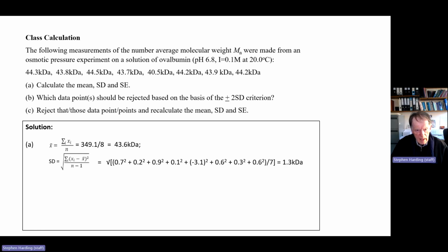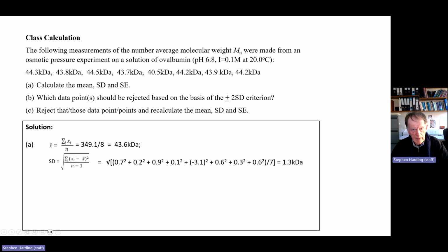Then we calculate the standard deviation. And for that, we need to take each value. From each value, we subtract away the mean value and then take the square of that difference. So for this, we end up with 0.7 squared. For this, 0.2 squared, 0.9 squared, 0.1 squared.